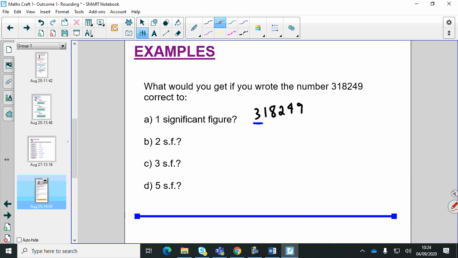And we're going to check the second one to see whether we round up or down. So, because the 1 is less than 5, the 3 stays the same. And all these other numbers then turn into zeros. Now what we're saying is that population of that city could be approximated to be 300,000. That looks quite close to what it actually is.